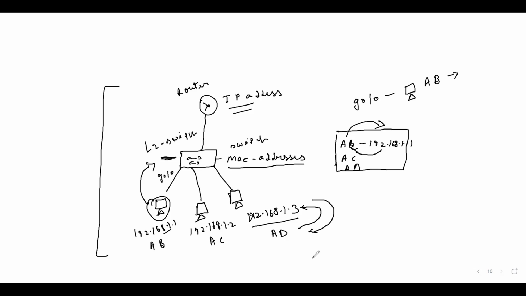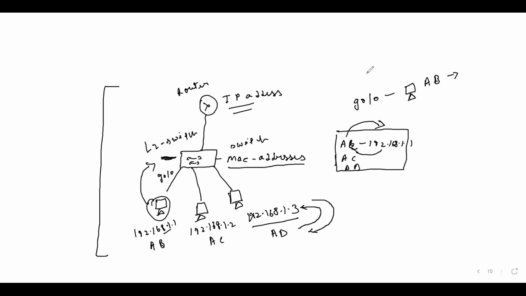Oh, you mean mapping of the host to the IPs and the IPs to the host? Yeah, how is it converting? I'm just asking. I don't know how it's been converted.